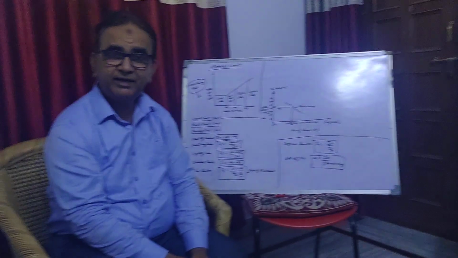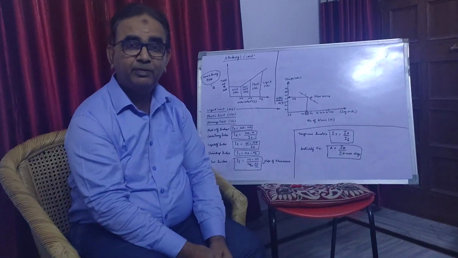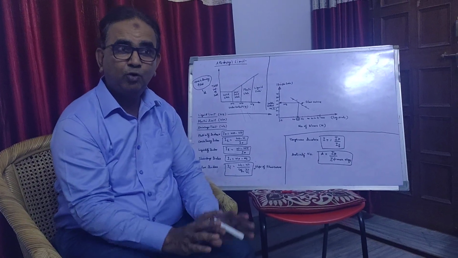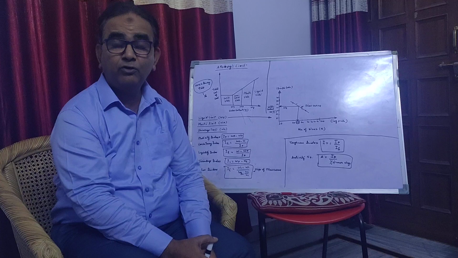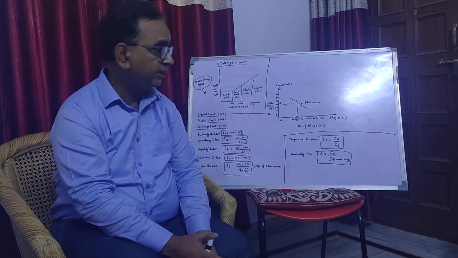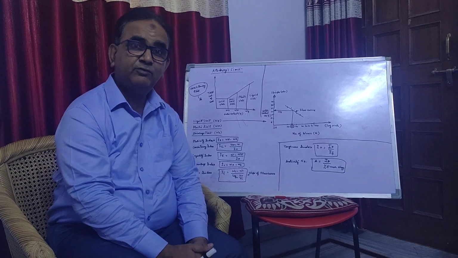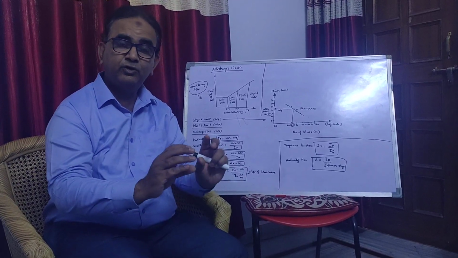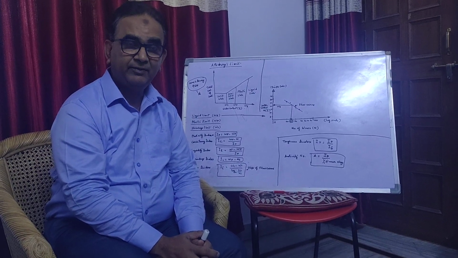The semi-solid state is that state in which the soil is neither in plastic state, that is, it cannot be molded into any shape, nor is it in the solid state. The plastic state is the state of consistency in which you can mold the soil into any shape without crumbling.